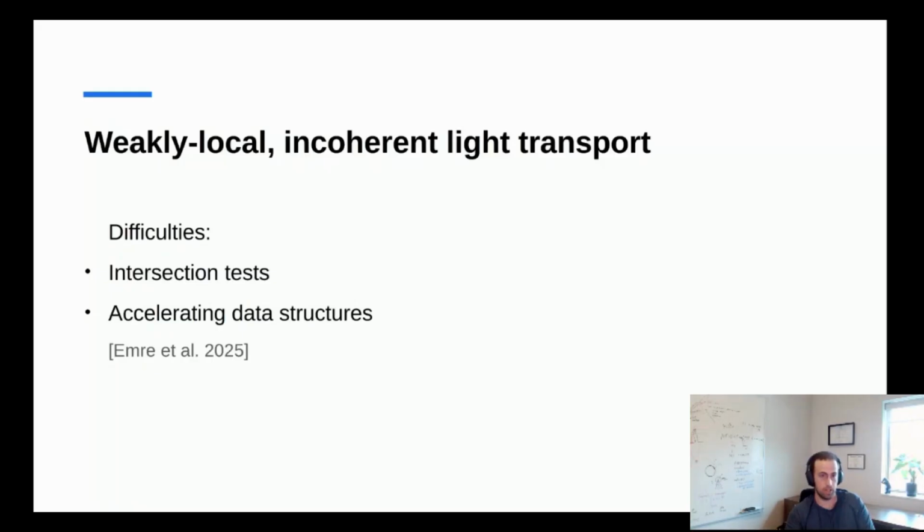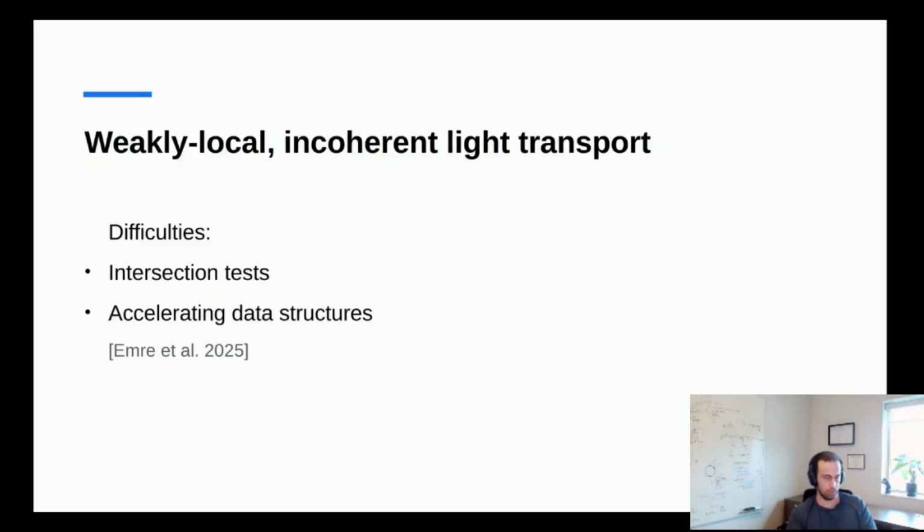Other questions like how do we design accelerating data structures for cone traversal? They are probably similar to the ray case. There's no reason to believe that SAH-based structures will be poor for cone tracing, but there are still context-specific problems, like a cone might contain an entire subtree, right?